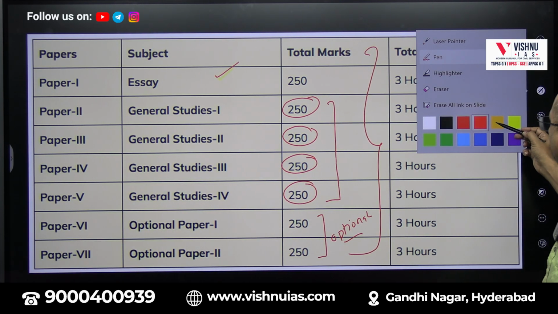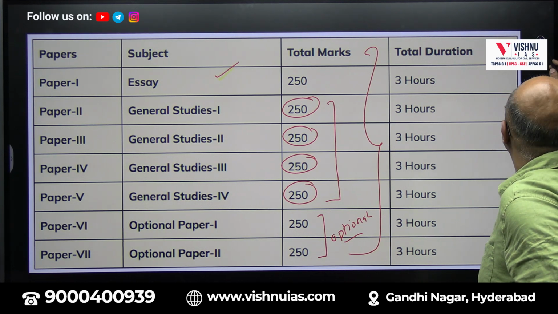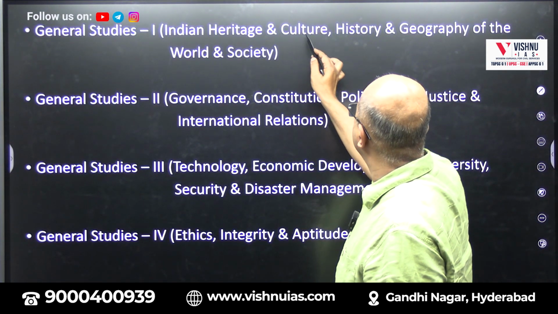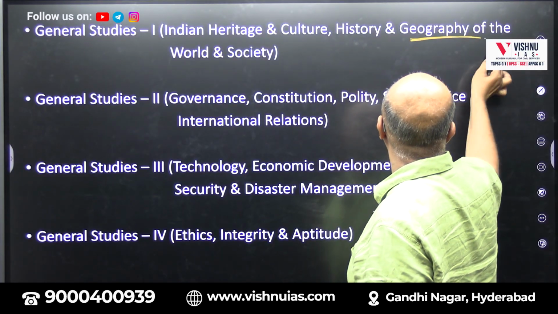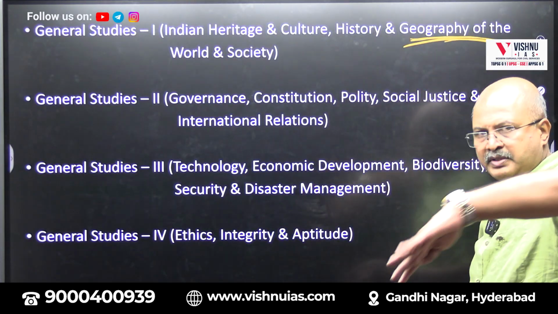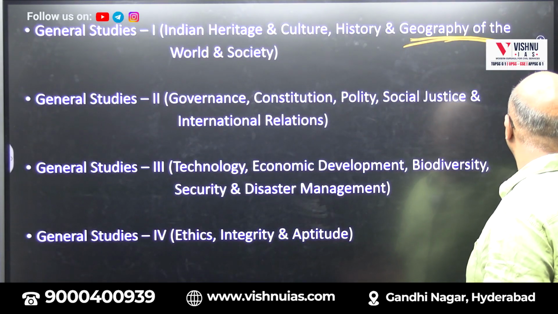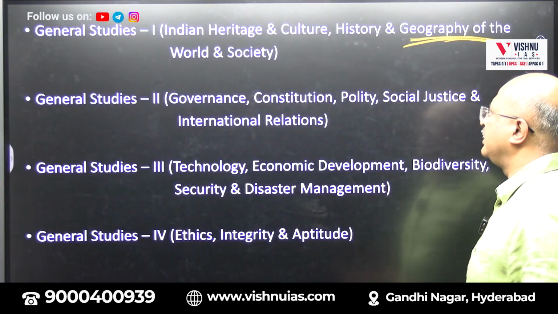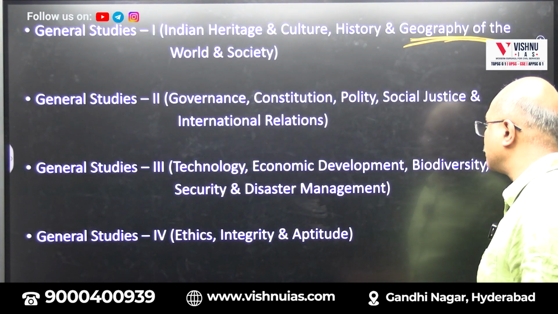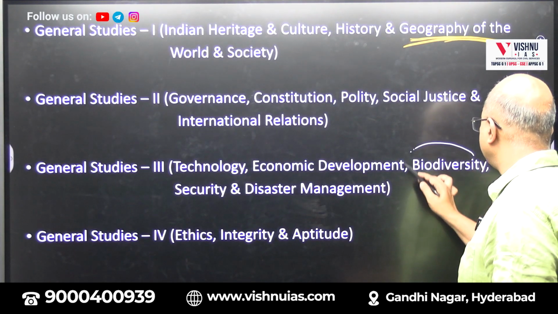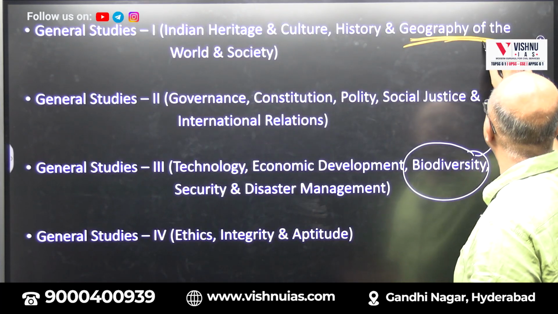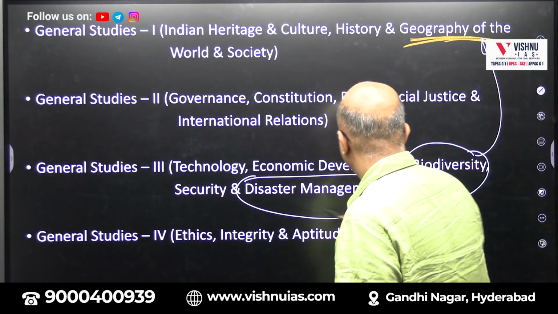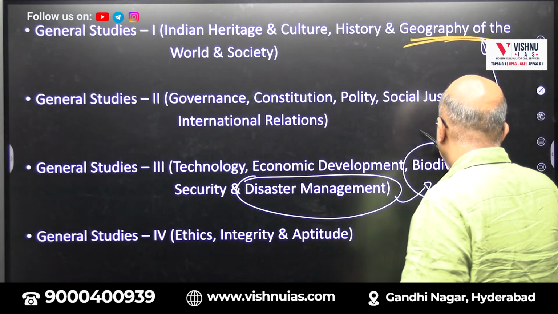Now what topics are there in GS1, GS2, GS3, GS4? GS1 consists of Indian heritage, culture, history and geography of India. The same syllabus covers geography of the world and geography of India. Then what else is there with reference to geography? We talk about biodiversity, which is again linked with geography. Disaster management is also linked with geography.